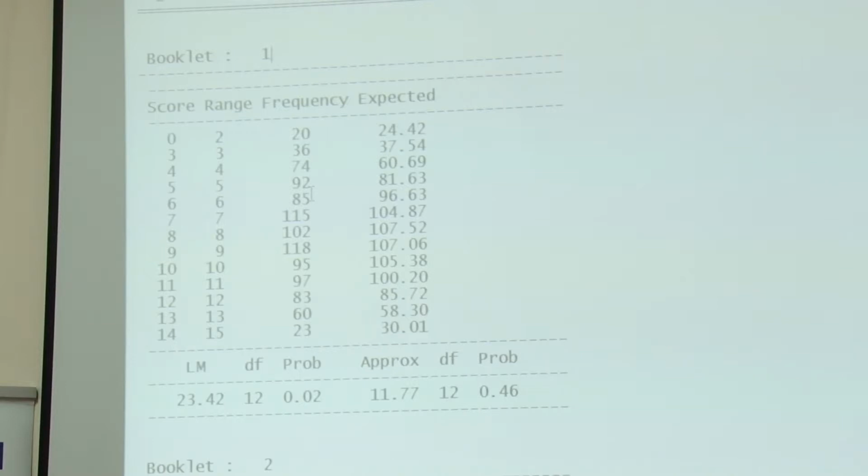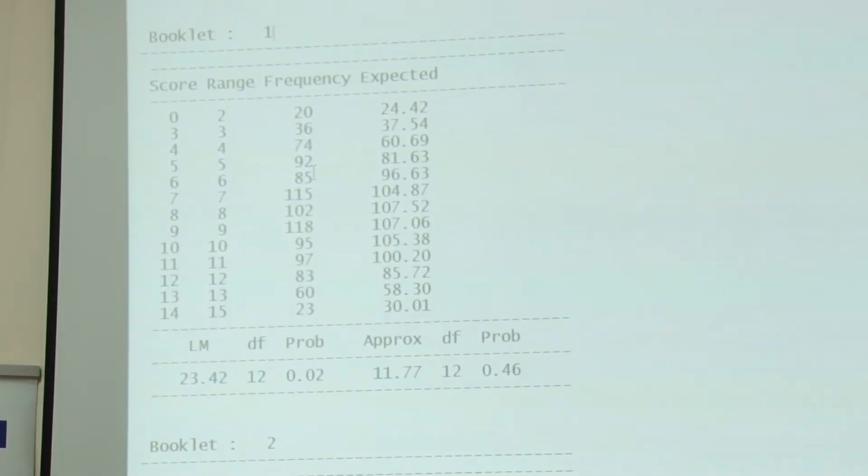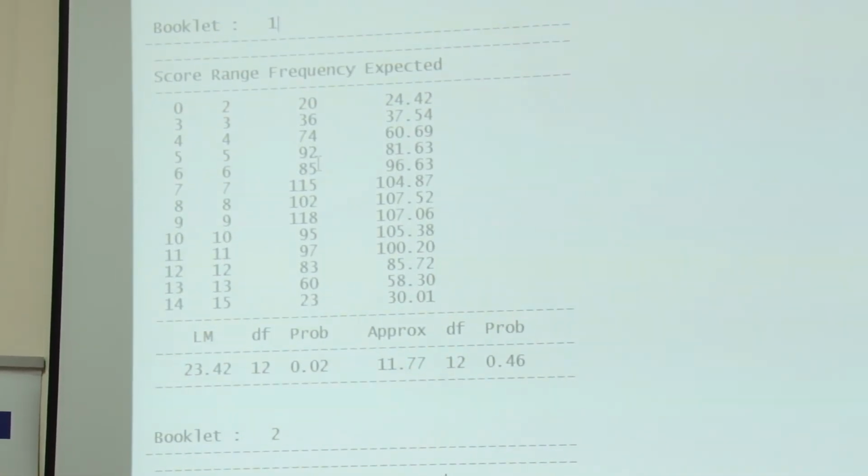If we look further in the output, if we scroll up, we see another table that has the same form of expected and observed. This is a test for whether the ability distribution was properly modeled. What you see here is score ranges, 0, 2, 3, 4, 5, up till 14, up till 15.